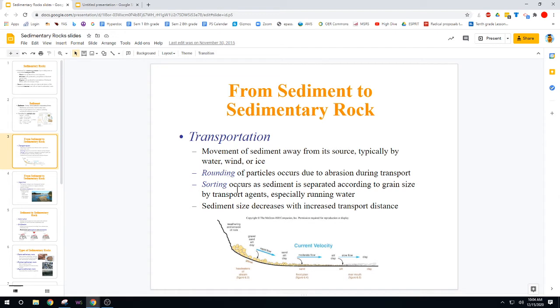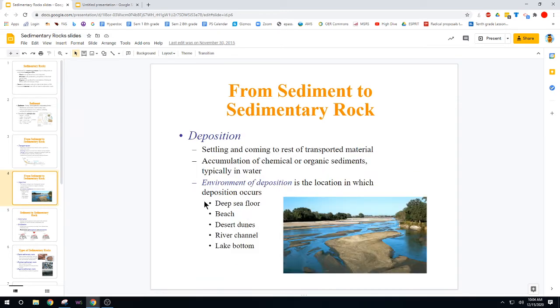So it gets sorted and rounded. And in water, the farther out you go, the smaller those become. So weathering is the breaking down, erosion is the moving, and deposition is the sediment stopping and being put down. This is also a place where deposition can happen with chemical and organic sediment in water.